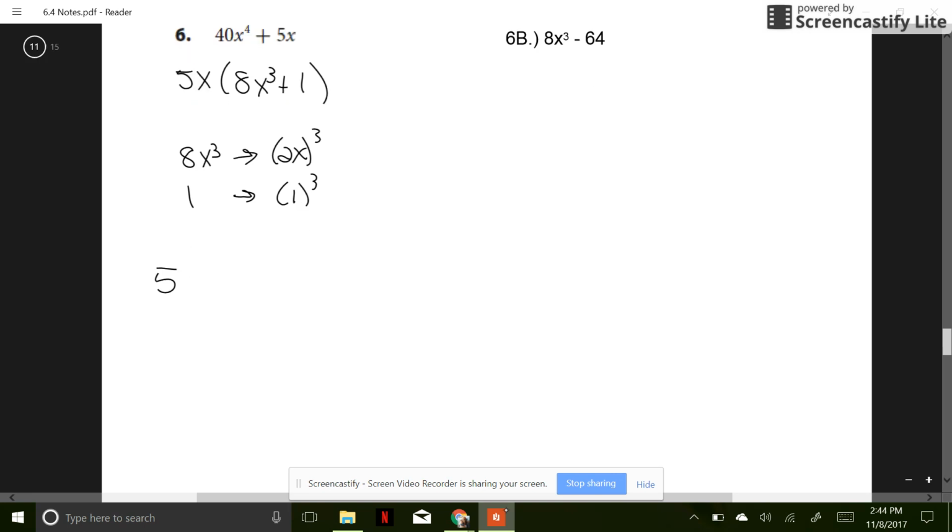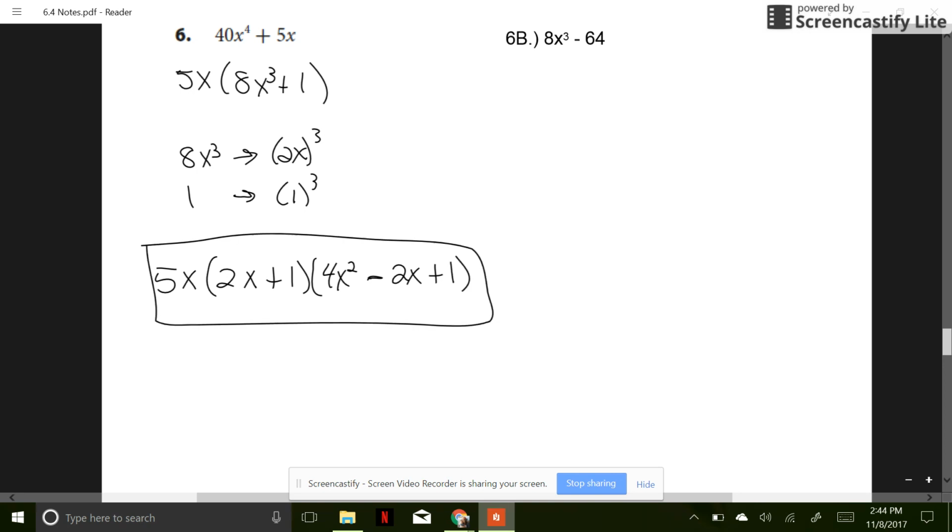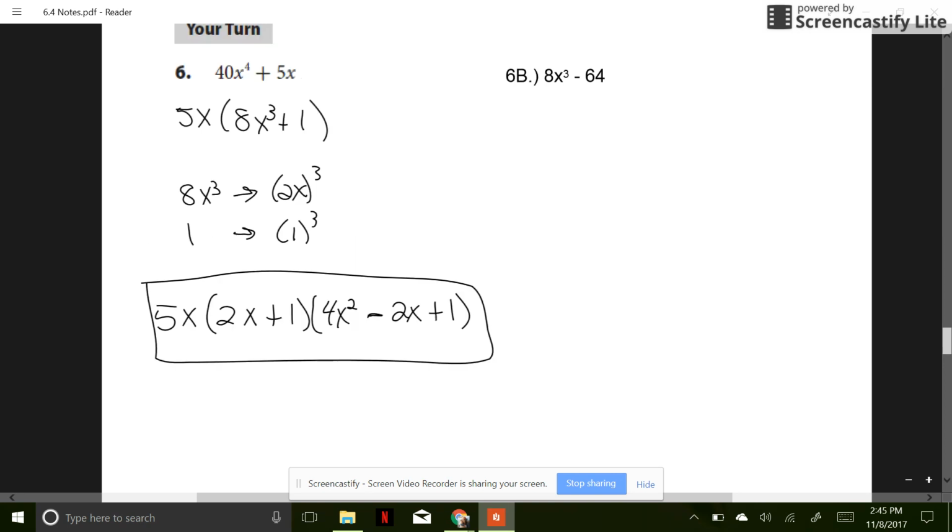So using that rule, we take our terms and add them together, 2x plus 1. We square the first term, so that's 4x squared. We'll subtract their product, so 2x times 1 is 2x, plus the second term squared, 1 squared, which is 1. So this would be our final factorization.